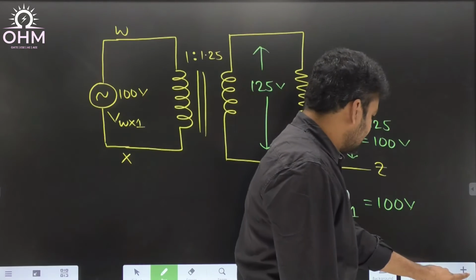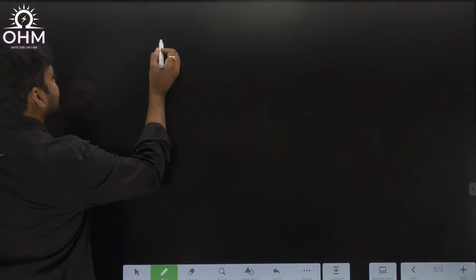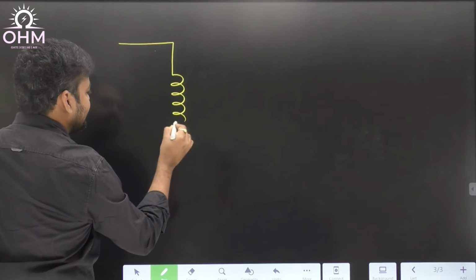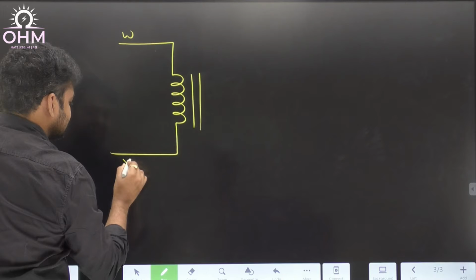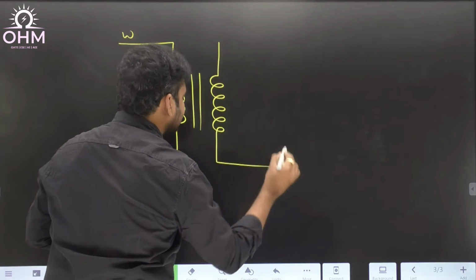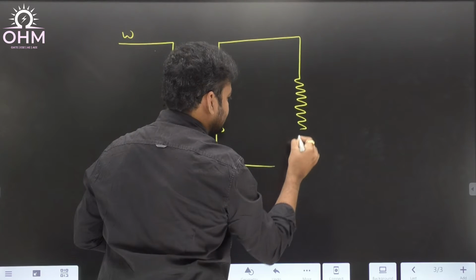So let me draw the circuit once again. Now we have a transformer again. This is WX, and here we have the other winding which is connected to the attenuator or rheostat.